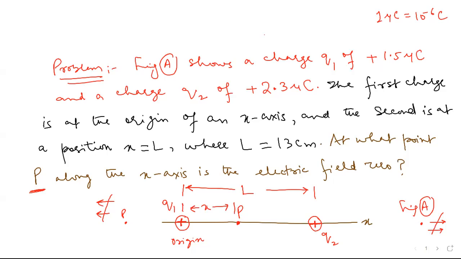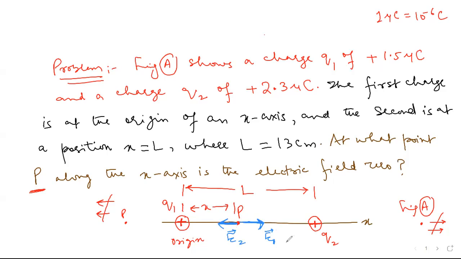So at point P, you can see the electric field due to Q1 is E1, this way. And electric field due to Q2 is this way, right? Now we have to find x. How can we find x?